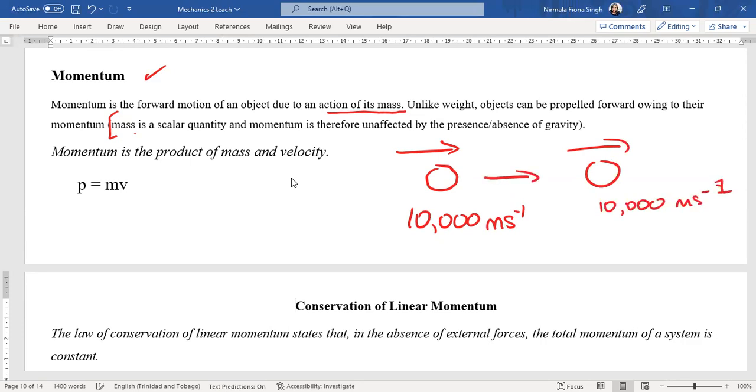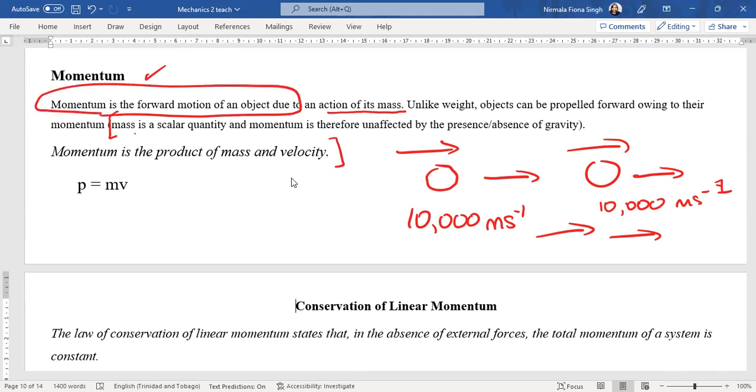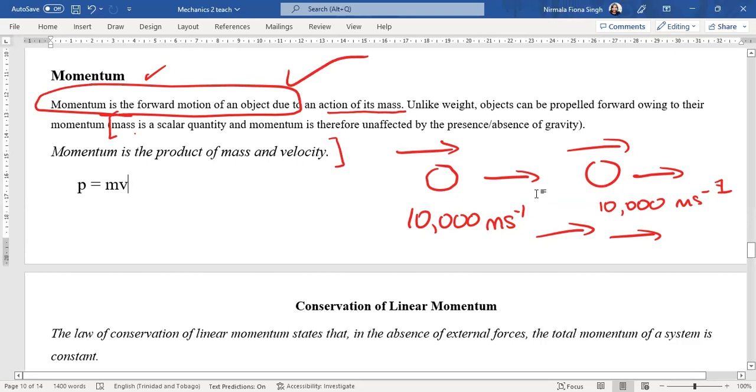Because its mass is carrying it forward. It has nothing to do with weight. What carries something forward in space is its mass. So here we have momentum. Momentum is the forward motion of an object. That is what we're looking at. Our general description of momentum is simply the forward motion of an object.